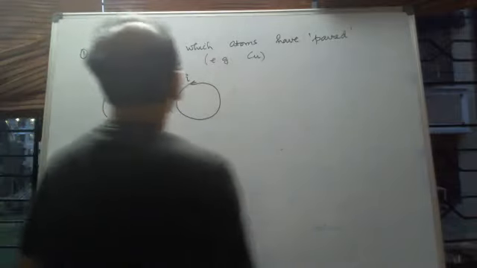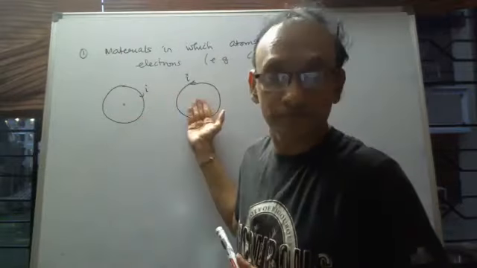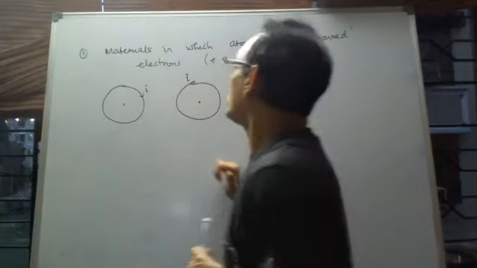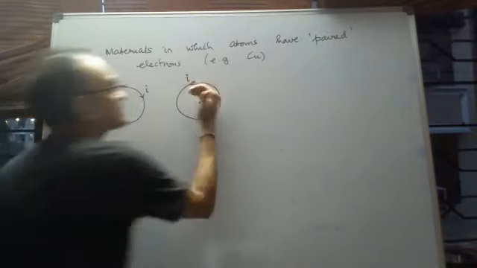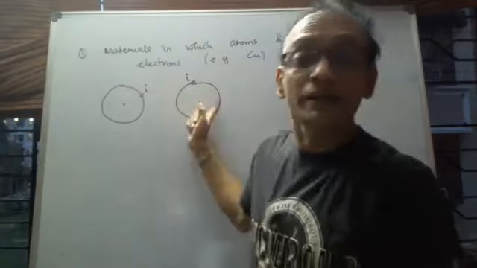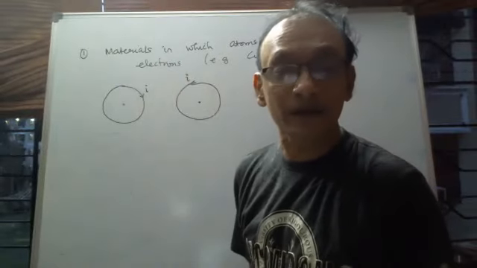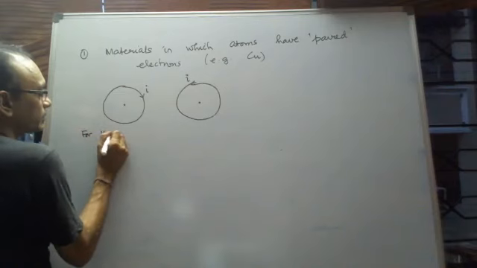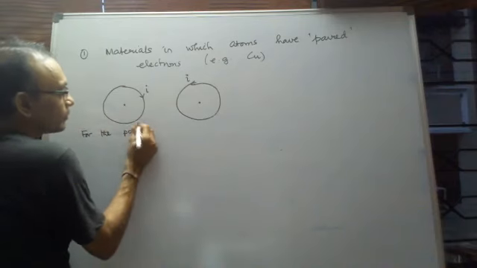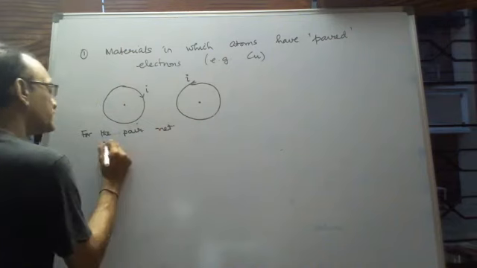Now very clearly, in this atom, one magnetic moment is into the plane of the board and the other comes out of the plane. So the net magnetic moment is 0 for this pair.